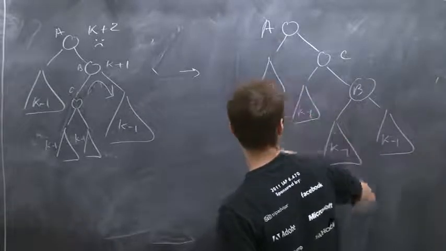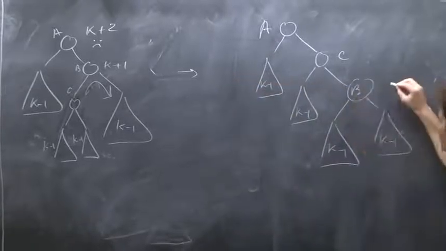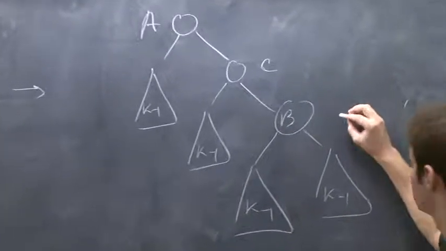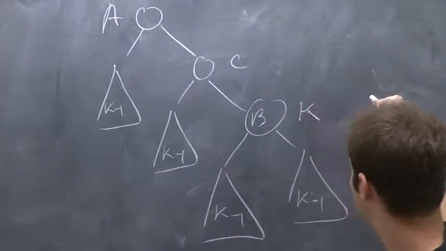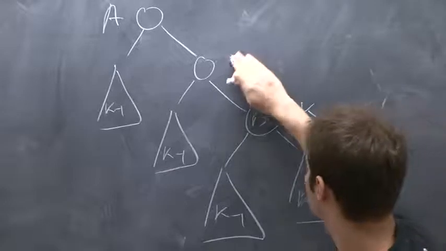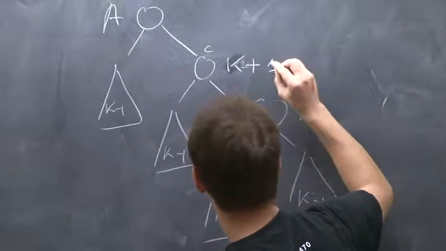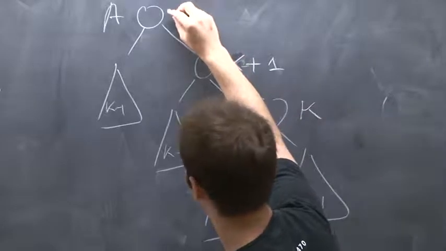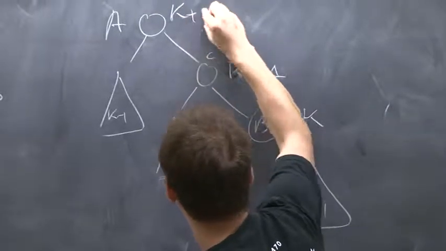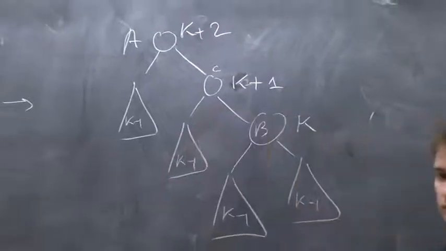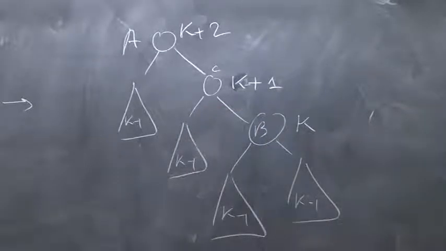And this one is K minus 1. What's the height at B now? What's the height here, at C? And the height here? Is this an AVL? So we're not done, but what's the good news about this?